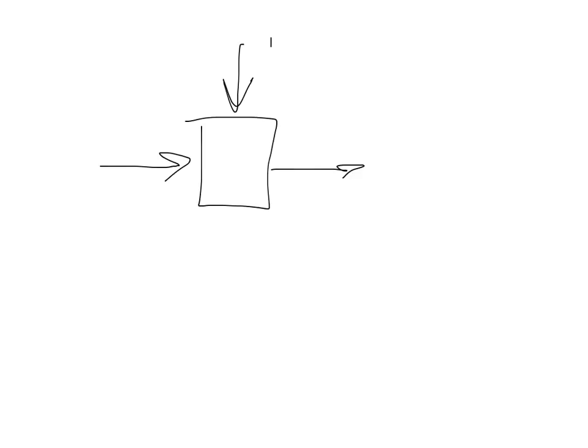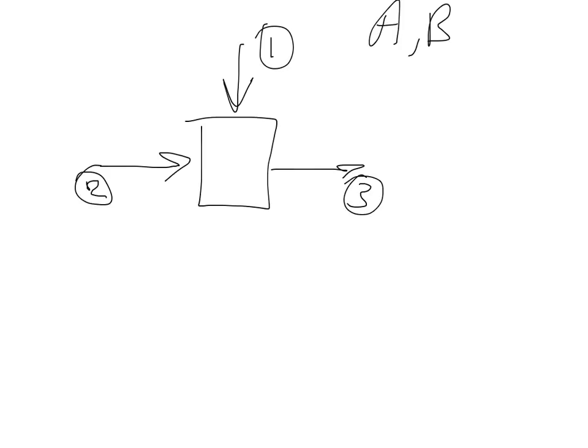One more example here, and this is the case where we have 2 components. Let's just do this here. Again, this is stream 1, stream 2, stream 3, and let's just say we have components A and B. So we have a mixture, 2 components coming in and 2 components going out. A could be water, B could be sodium chloride, for example, or it could be other compounds.